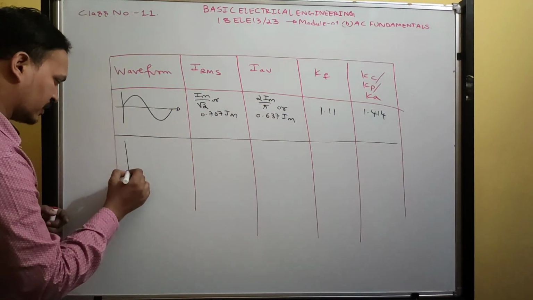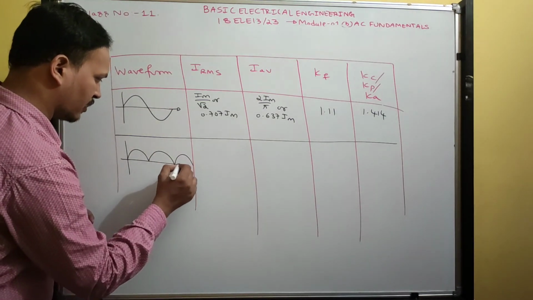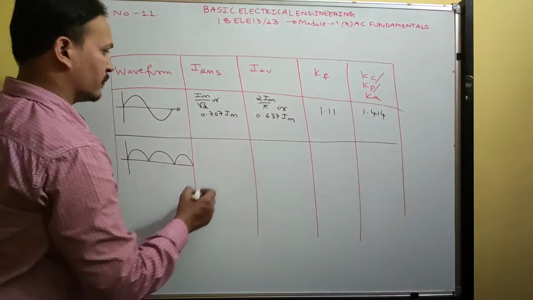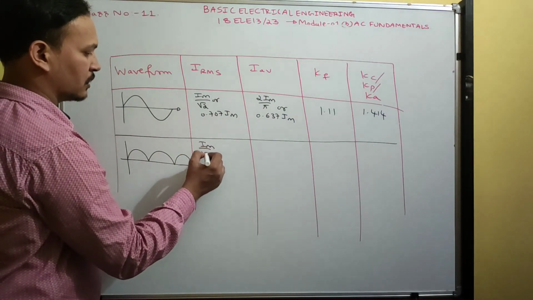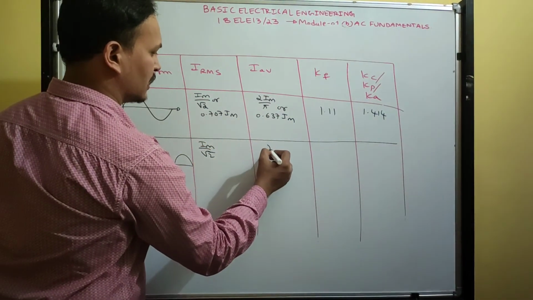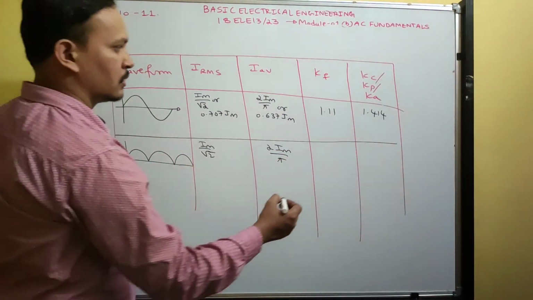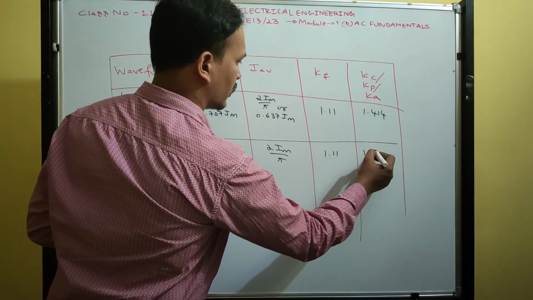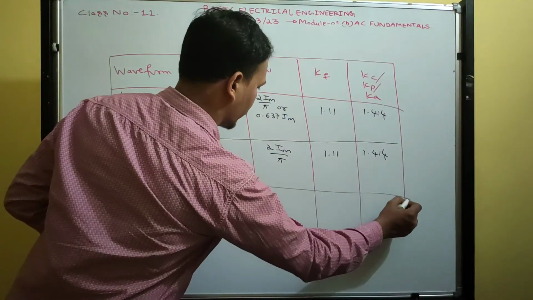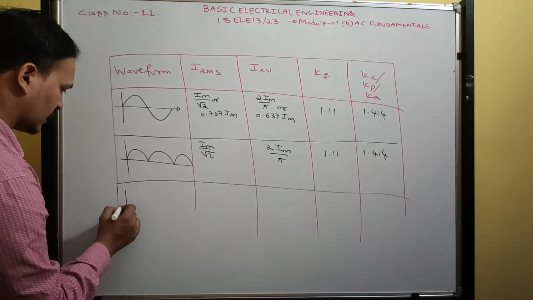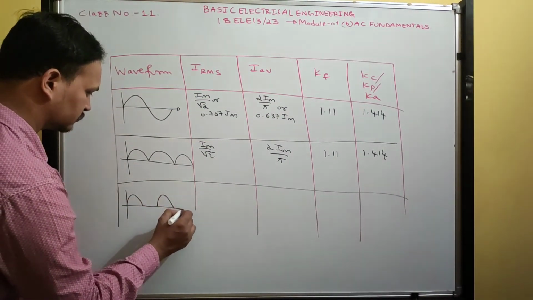Next, the second one, what we learned? Full rectified waveform. What is the RMS value? Same thing we got now, Im by root 2. What is the average value? 2Im by pi, right? The numerical values are also the same: 1.11, 1.414. Okay, next, the last one, what we learned? Half rectified waveform.